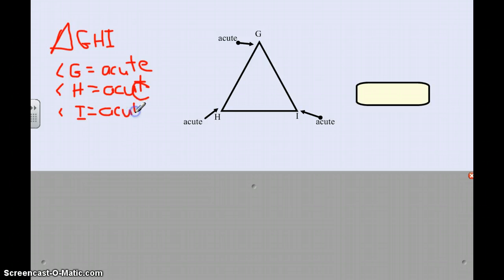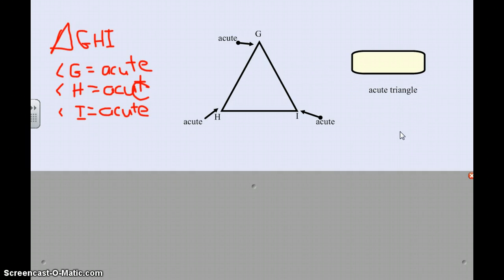So I bet that you could take a guess as to what this triangle is going to be classified as. And if you said acute triangle, you are correct. So let's take a look. So we have our 2 acute angles, G and H of course are acute, and then the third angle is also an acute angle. So 3 acute angles create an acute triangle.